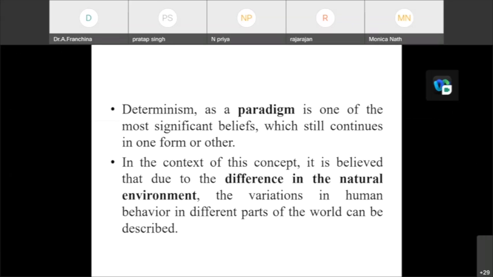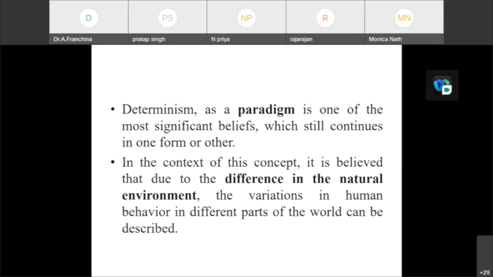For this particular point, I would like to give some more explanation. For example, if we are dividing the entire world, how can we divide based on the latitudinal extension? 0 to 5 degrees is the equatorial region. 5 to 23.5 degrees is tropical. 23.5 to 66.5 degrees is temperate. Then 66.5 to 90 degrees north, and 90 degrees south.